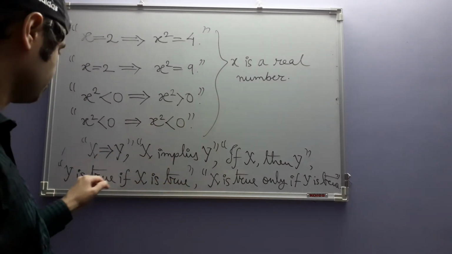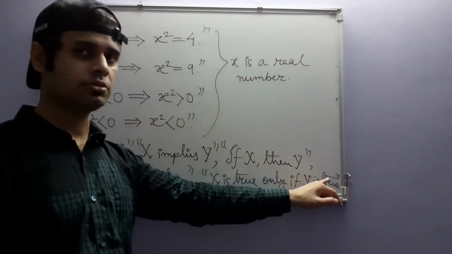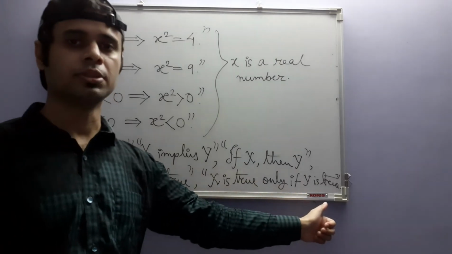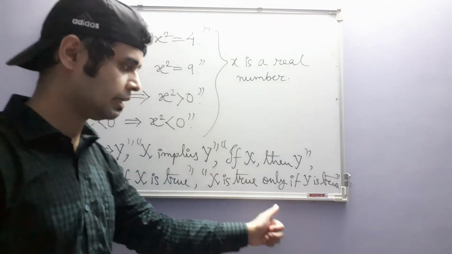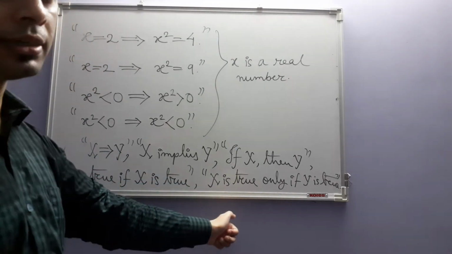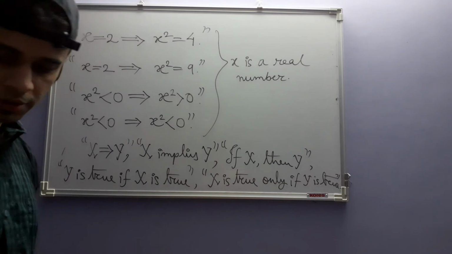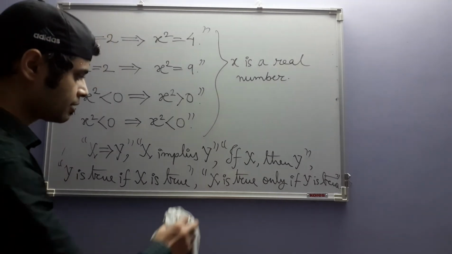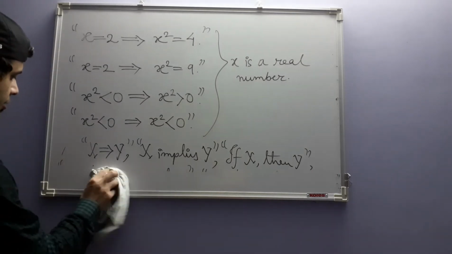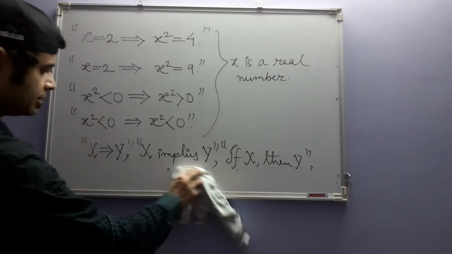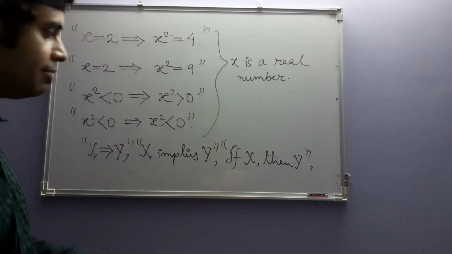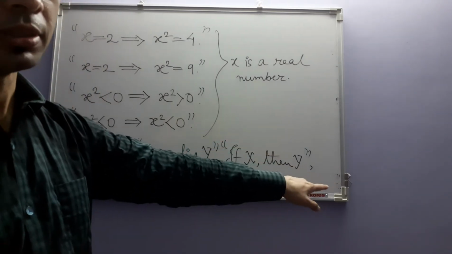For example, if x is true, then y is true. I would suggest to not think about this much. If you like, you can think about it, but it's more likely that you will get confused. So just for the sake of completeness, I have included it, but more commonly, these are the ways we write this: if then, if something is true, then something else is true.